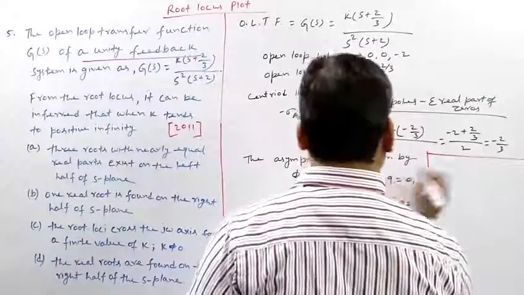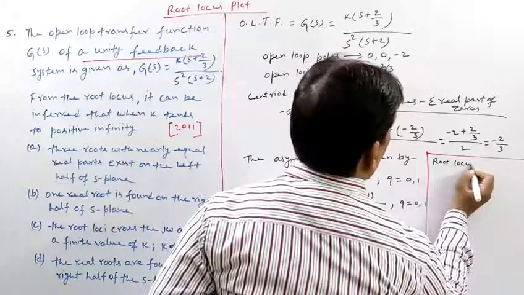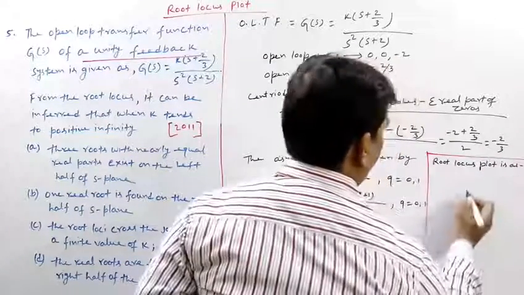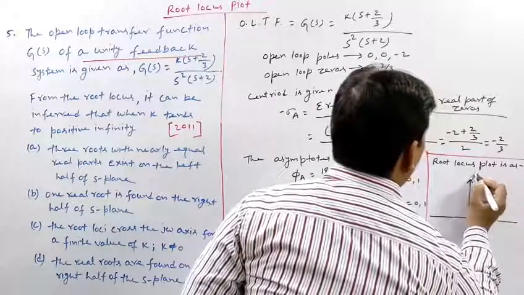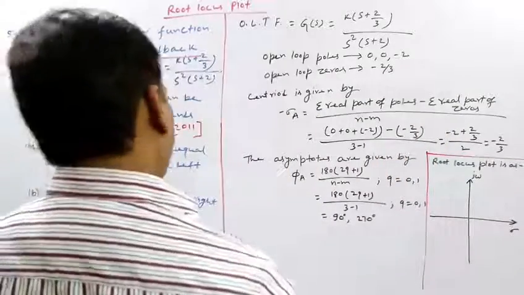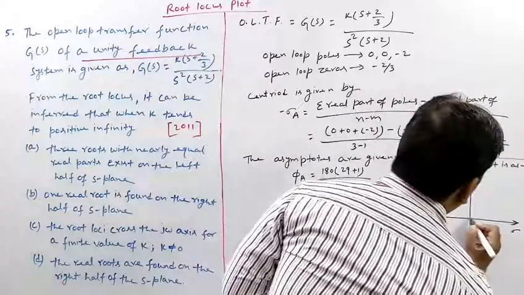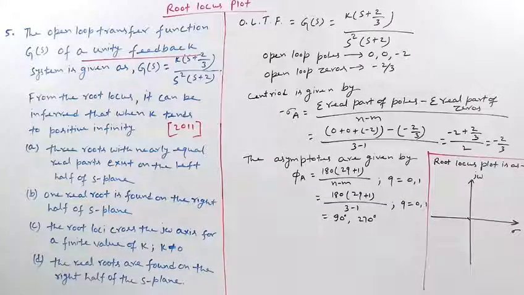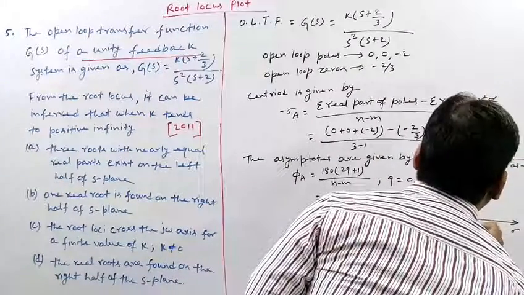Suppose this is the imaginary axis j omega and this is the real axis sigma. Now the poles: two poles are at 0, 0. Suppose this is 0. Let me denote it in blue. Two poles are at 0, 0.